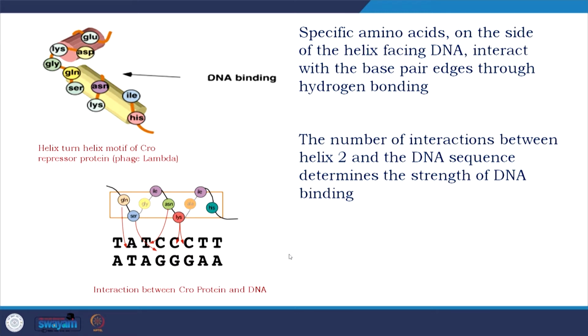So, the first helix goes to the major groove, the second helix interacts with the nucleotides, and depending on the difference in the nucleotide, the strength of the interaction differs.